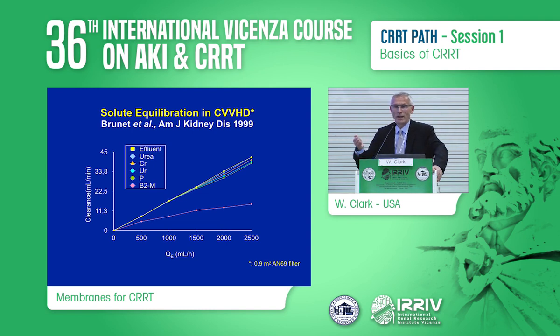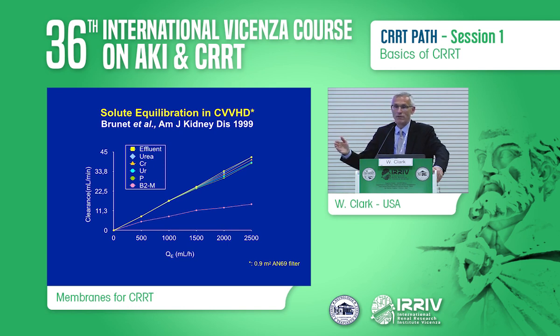But essentially, as Professor Ronco alluded to, the idea is not necessarily to absolutely minimize mass transfer resistances, it is to make sure that for whatever dialysate flow rate is being used, it's saturated with respect to at least small solutes and even larger solutes that are desirable. So what that means is the incoming blood concentration of the filter is essentially the same as the effluent concentration of that same solute. So that's the idea in CVVHD.